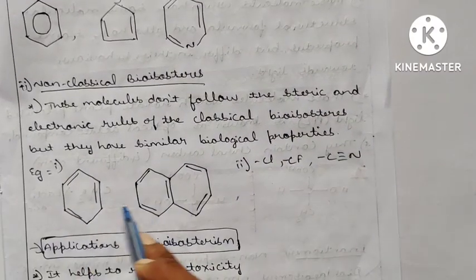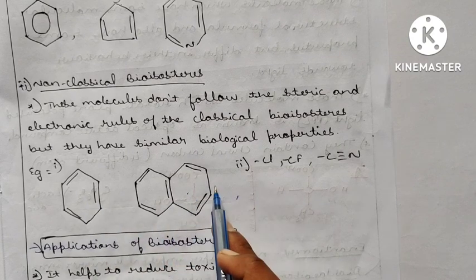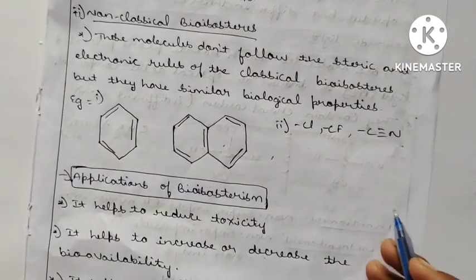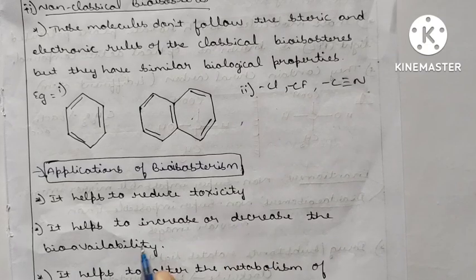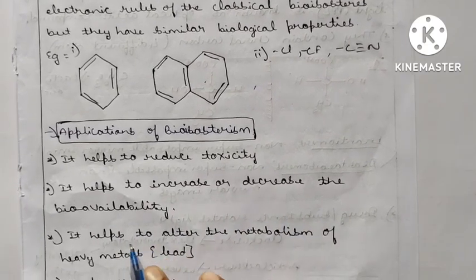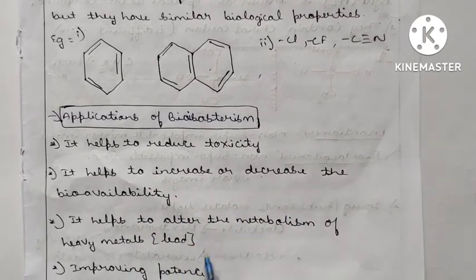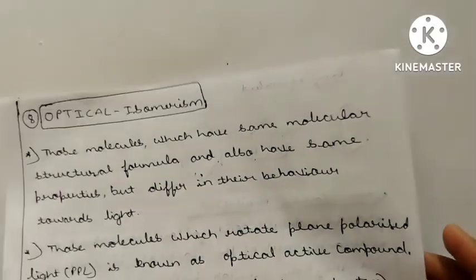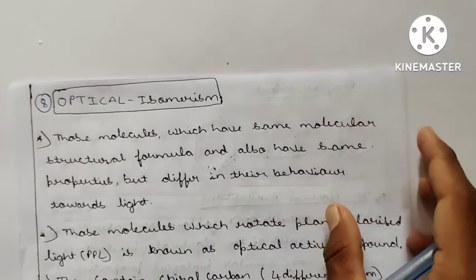See, this one is benzene, this one is naphthalene. They have different structures, but both have the same uses. Applications: it helps to reduce toxicity, increase or decrease the bioavailability, and alter the metabolism of heavy metals. It also improves the potency of the drug. To improve the potency of the drug, we use bioisosterism.